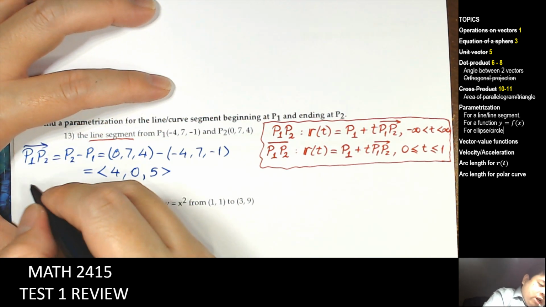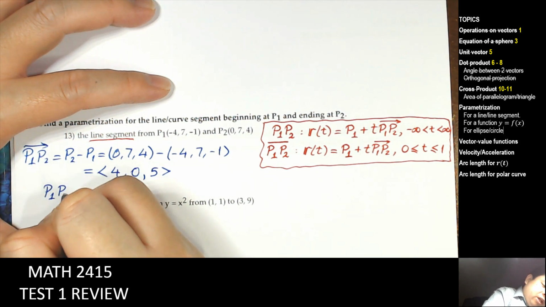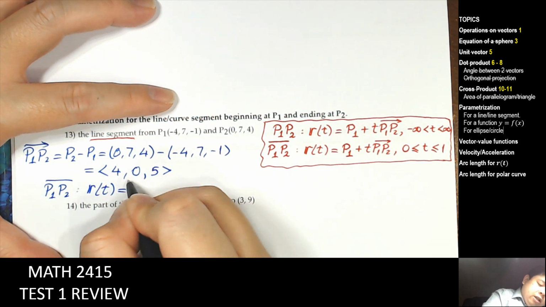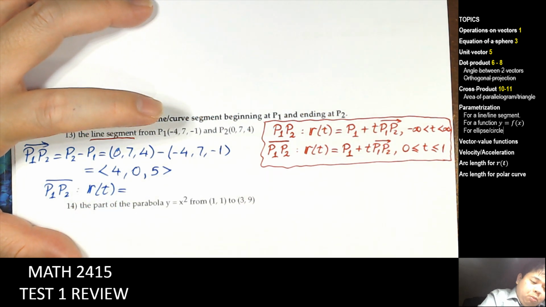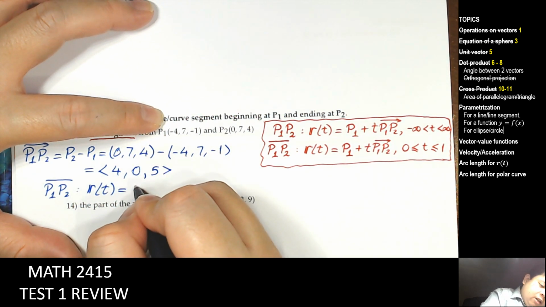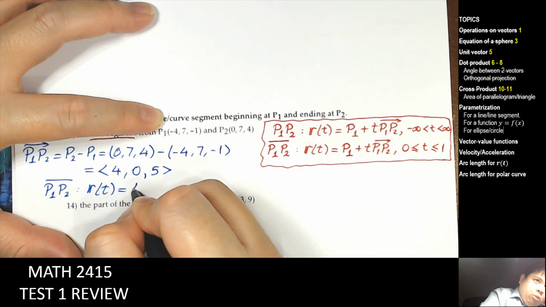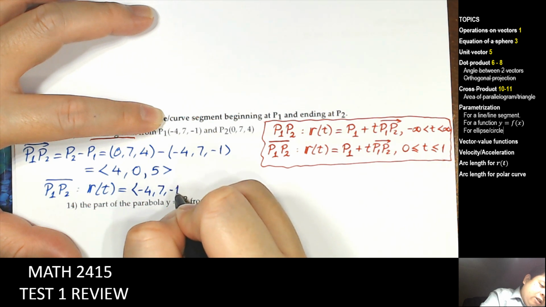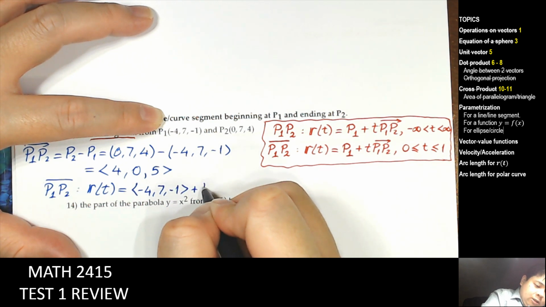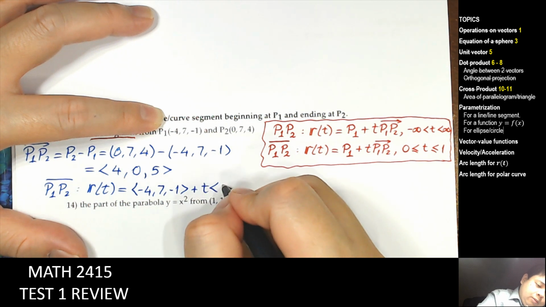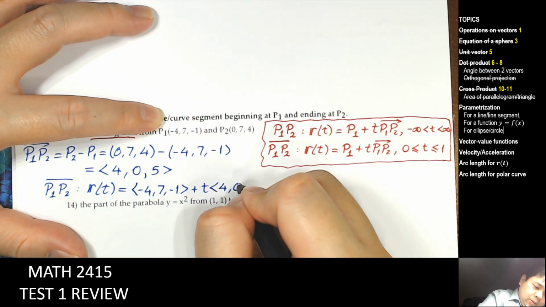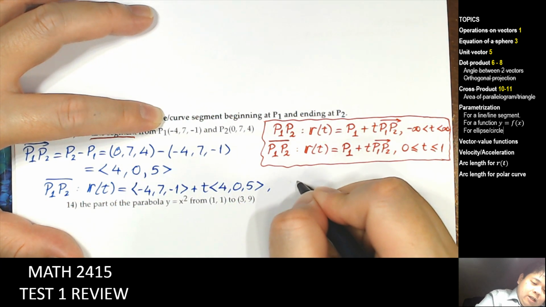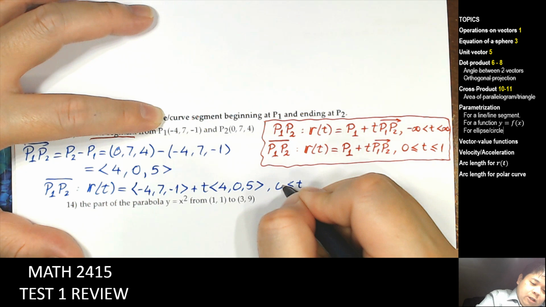So then the parameterization of the line segment P1P2 is r of T, the point P1 plus T times the vector. We can either use the parentheses or the triangular bracket. And T is between 0 and 1.